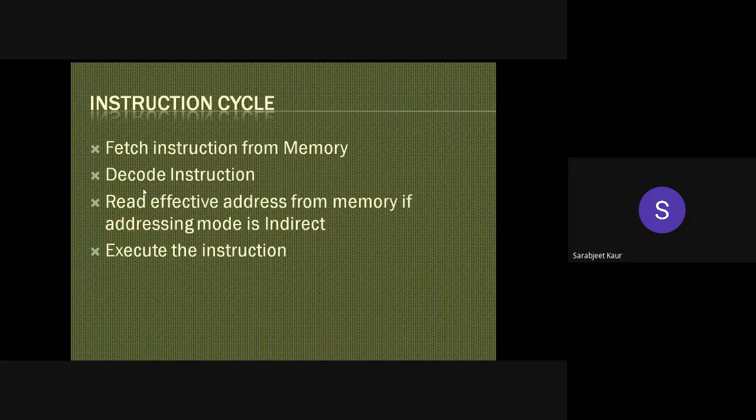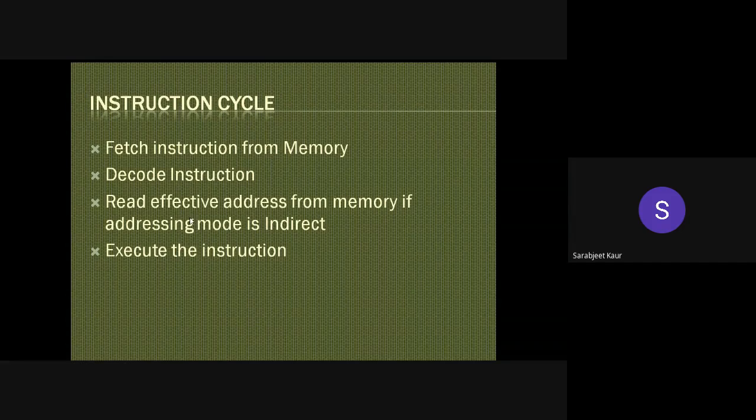Now, after this, when we have decoded what operation is to be performed in this instruction, we also look at the addressing mode side by side. So in the decode phase itself, we not only decode the operation which is to be performed while executing the instruction, we also look at the addressing mode.